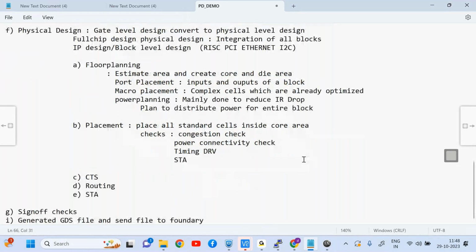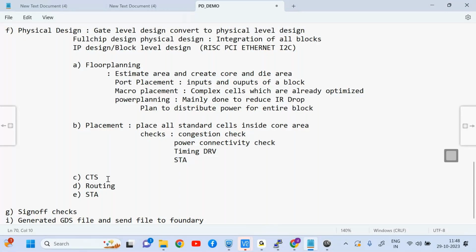All these checks we will do after placement. You will understand what these checks are in that course. I cannot cover them in a 3 hour class. I can just mention whatever we are doing. For STA alone we require 1 week, just to explain what static timing analysis is. Minimum 1 week we want.